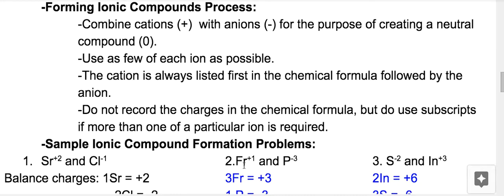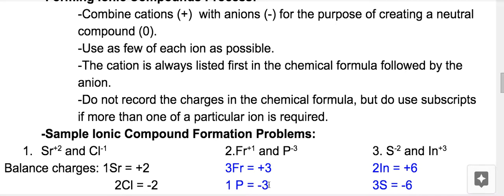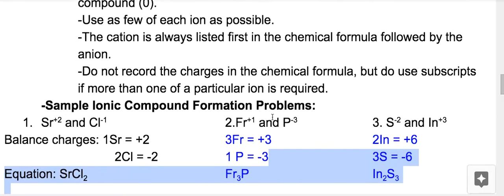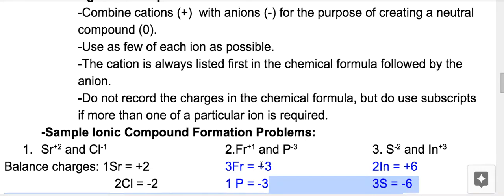So here we've got francium, which has a charge of +1. And we've got phosphide, which has a charge of -3. So we've got 1 and we've got 3. And somehow we have to kind of get them thinking the same way. So what we do, since we've got -3, which is our biggest number, and we've got 1, how do we turn 1 into 3?